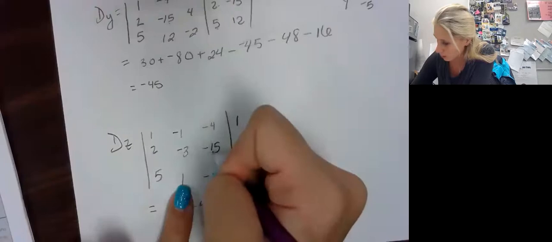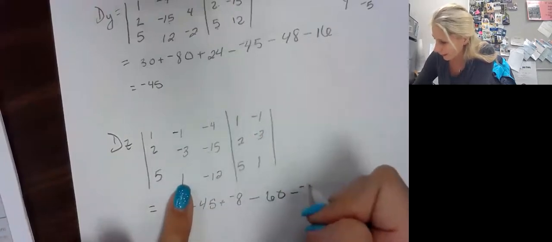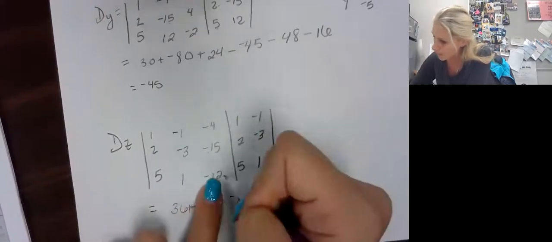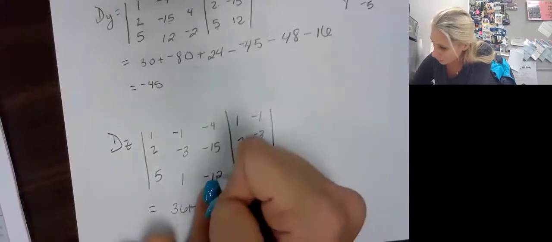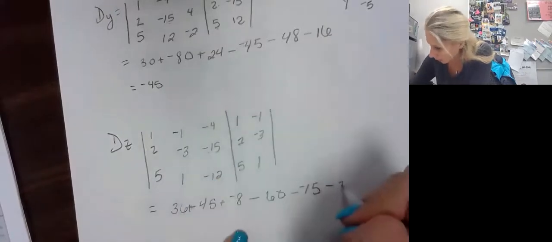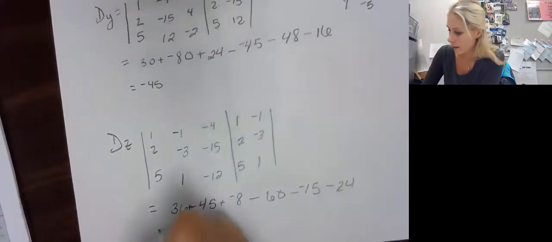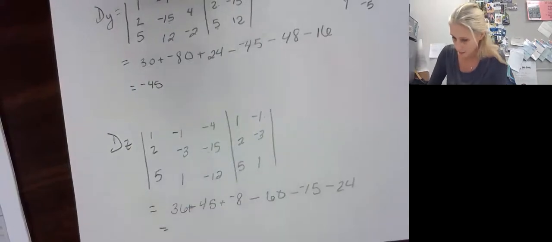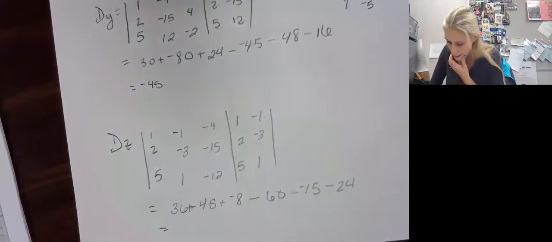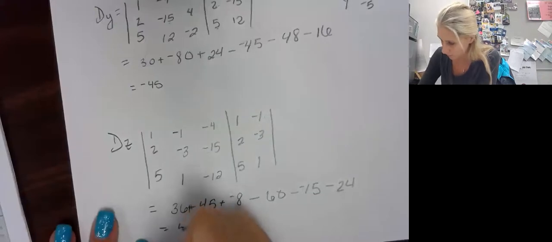Okay, next one, minus a negative 15. Minus, let's do a positive 24. 36 plus 45 minus 8 minus 60 plus 15 plus 4.